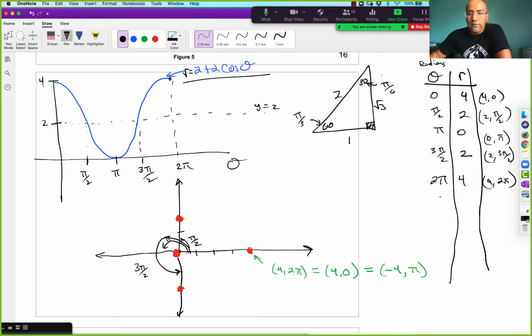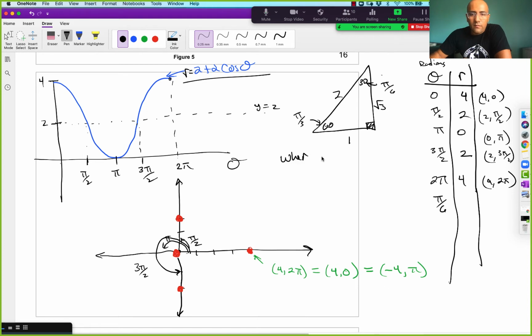So if I stick in a pi over 6 into here, cosine of pi over 6 is root 3 over 2. And so I'd end up with root 3 over 2 times 2. I'll just put it over here.